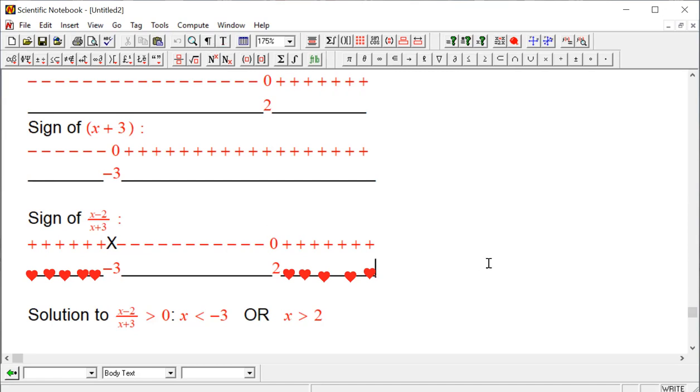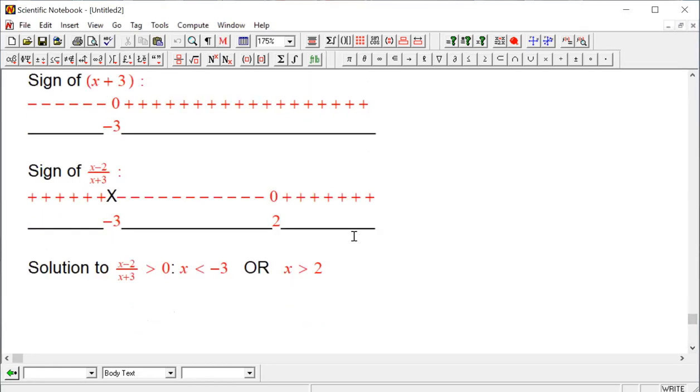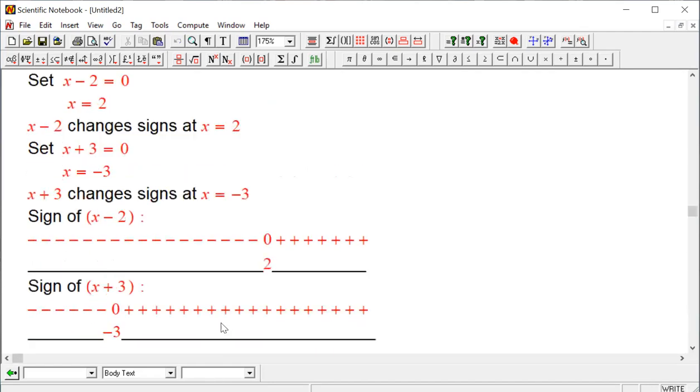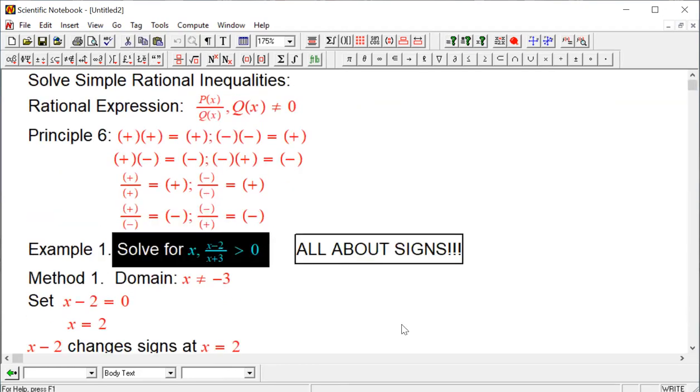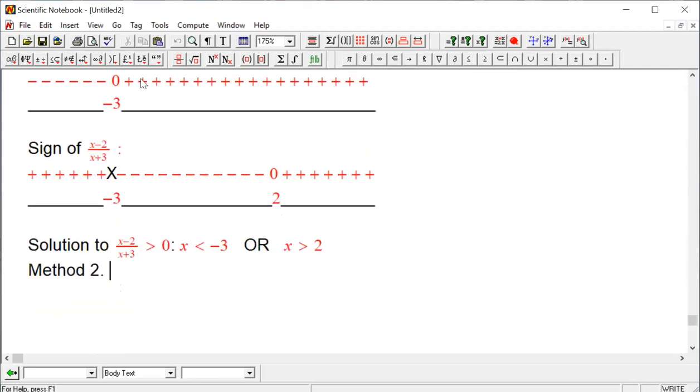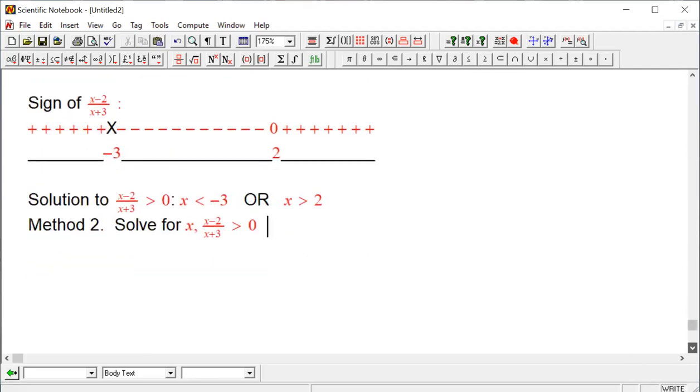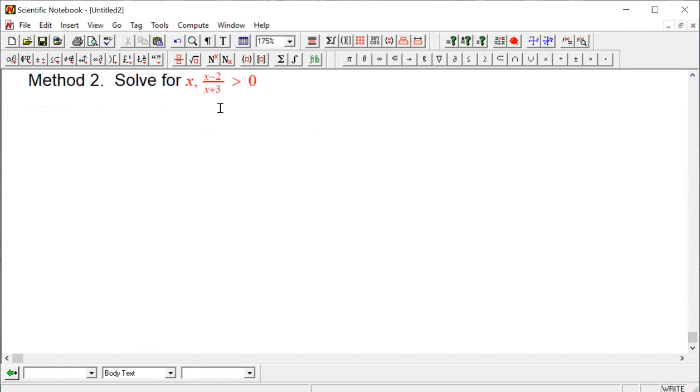Can we use the function method? Of course. It's just a little bit more work. So method 2, yes, you can use the function method. Let's look at the same question using the function method.